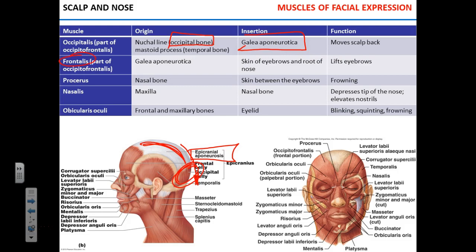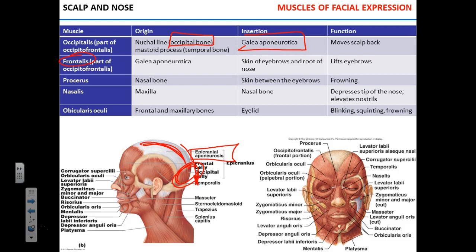Frontalis part, right here. Frontalis: origin is at galea aponeurotica, and insertion is the skin above your eyebrows.